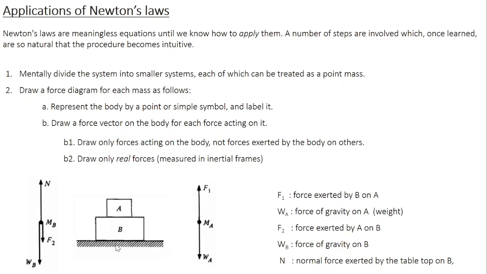So the surface of the table is going to exert a force N in the upward direction. Once again, from Newton's third law, there will be an equal and opposite force exerted by B onto the tabletop, but you don't have to consider that force while drawing the force diagram. So these are the force vectors acting on each of these point masses.